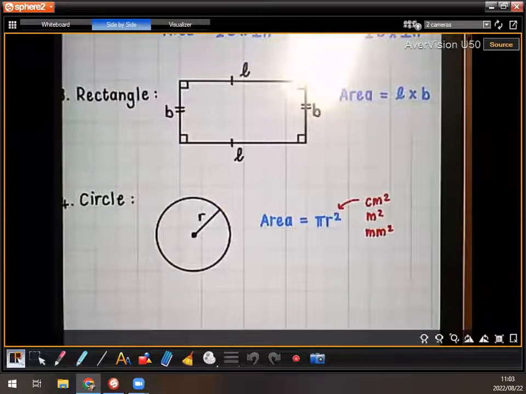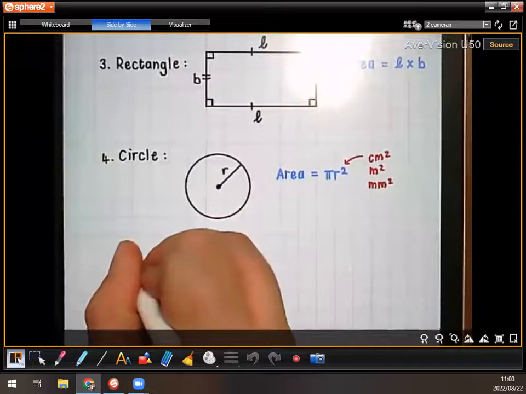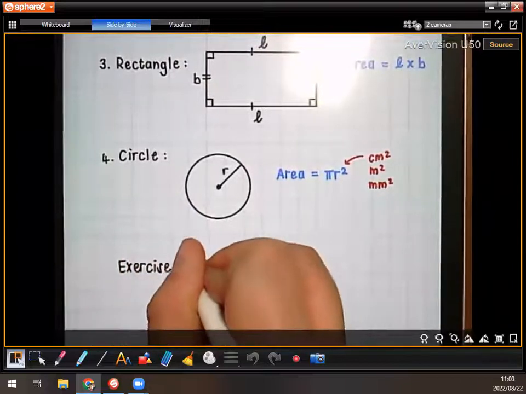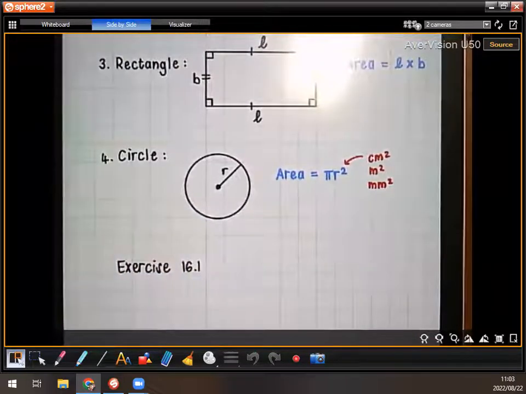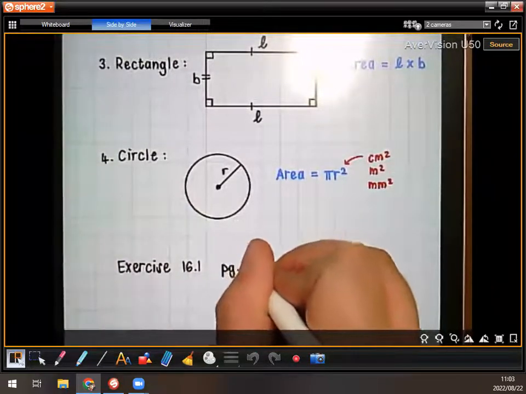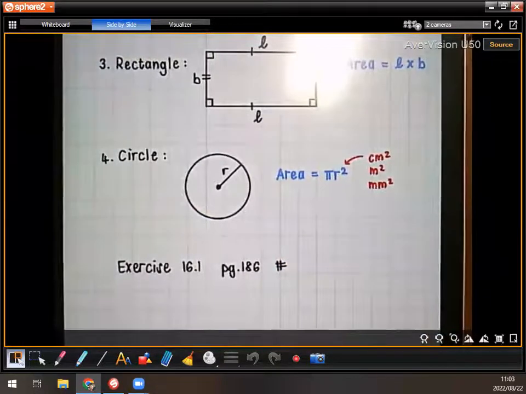Okay, again, exercise 16.2, which is a circle. Sorry, let me just write this here. Exercise 16.1 is on page 186. I would like you guys to do number 6.